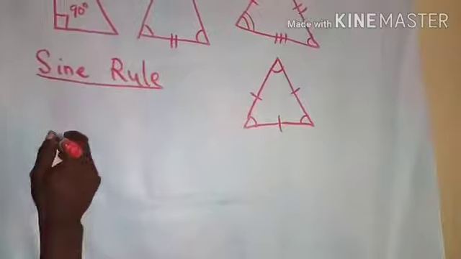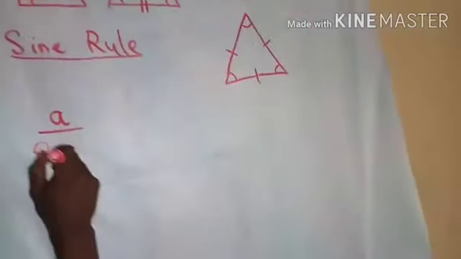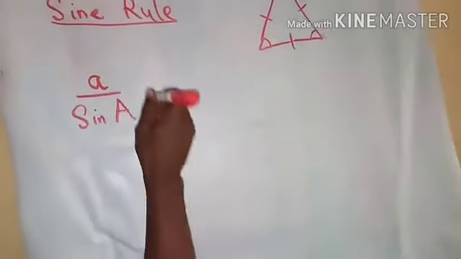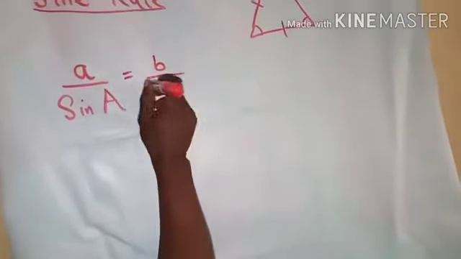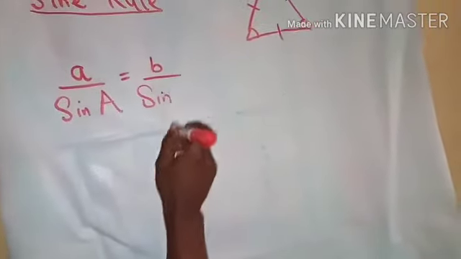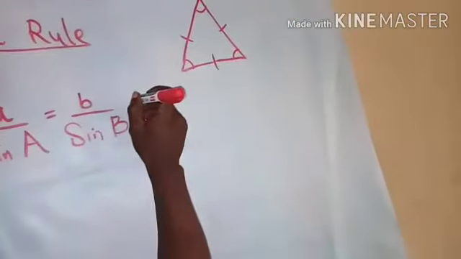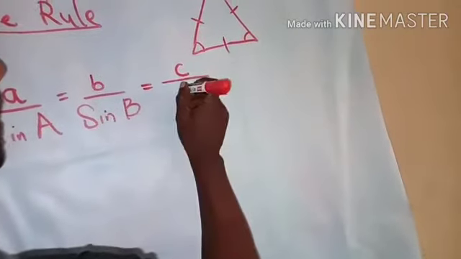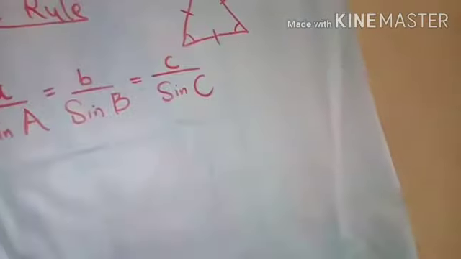Sine rule states that sine A over a equals sine B over b, which equals sine C over c.